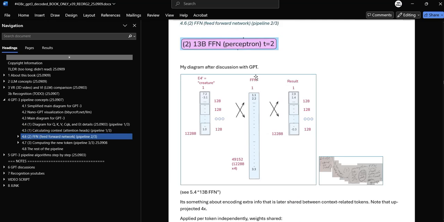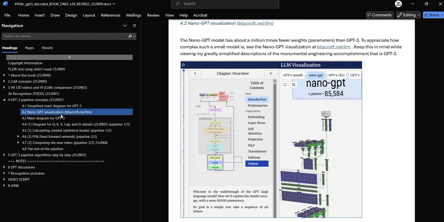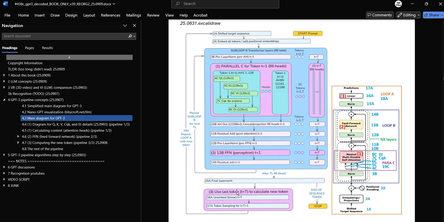Then we have a feed-forward network, and that's similar to the context. It's just more computation to better determine the meaning of all the words you're dealing with. And then finally we have computing the new token. ChatGPT goes through this huge process with 175 billion parameters just to calculate one token.